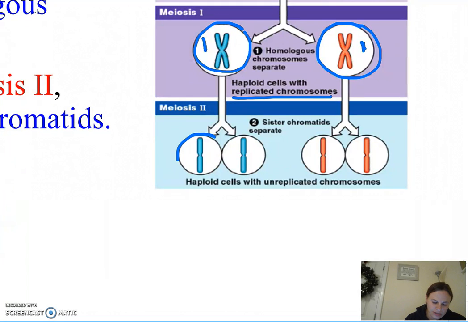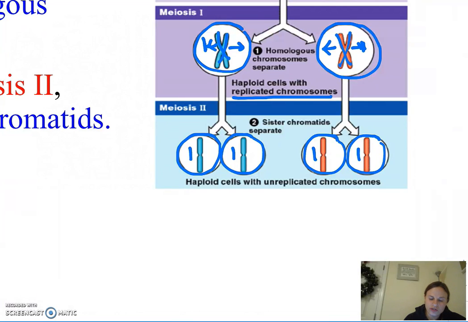Now look at the daughter cells at the end of meiosis 2. Do you notice how all of these cells also only have 1 chromosome? In meiosis 2, our sister chromatids are going to separate and go to either end of the pole and then be pinched off and form their own cells, be a chromosome in its own cell.